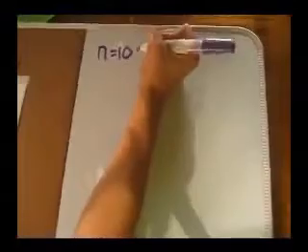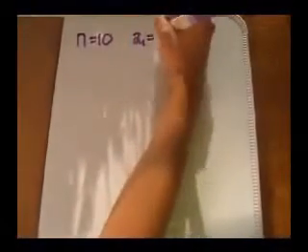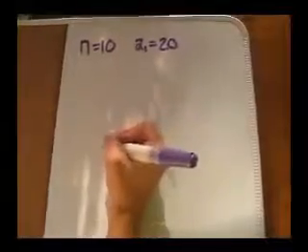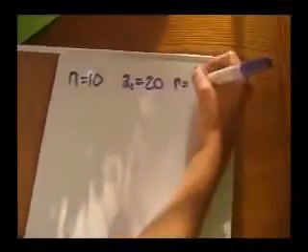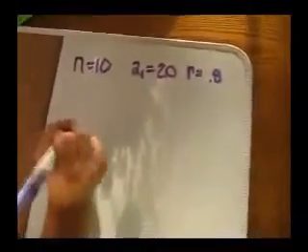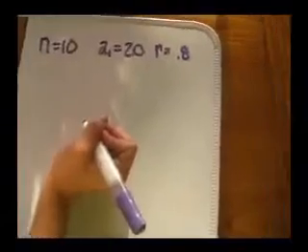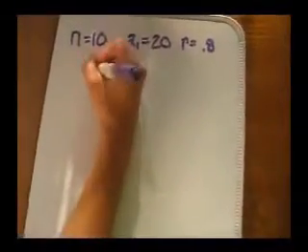Well, n is going to equal 10 because you have to find for the 10th time it hits the ground. A sub 1 is going to equal 20 because it was dropped from a height of 20 feet. And the r value is going to equal 0.8 because it bounces back 80% of the time. So, use the equation to find the sum till 10.